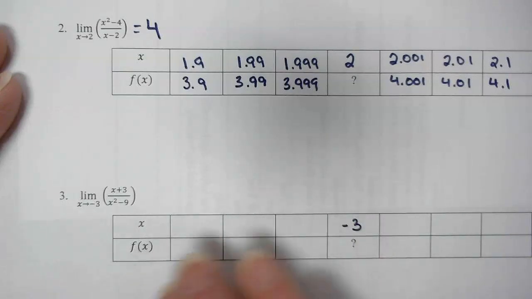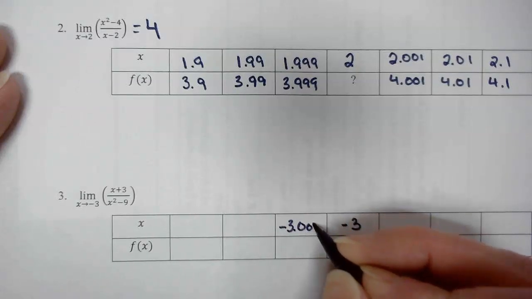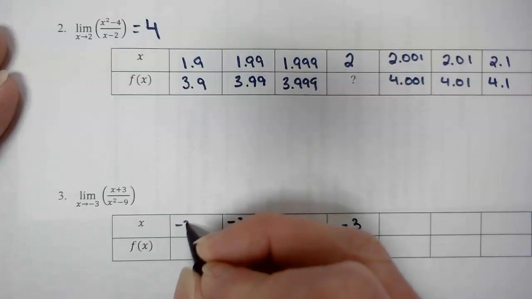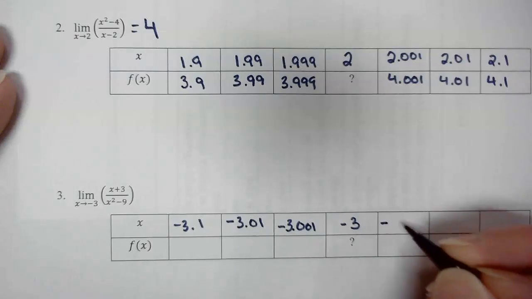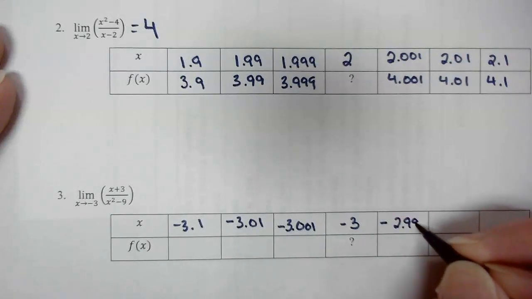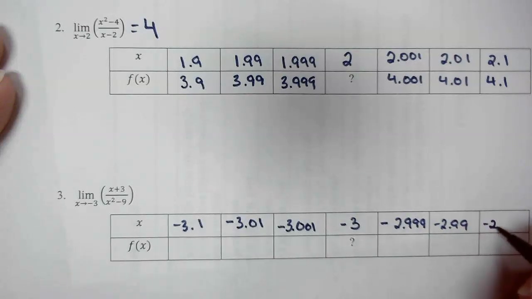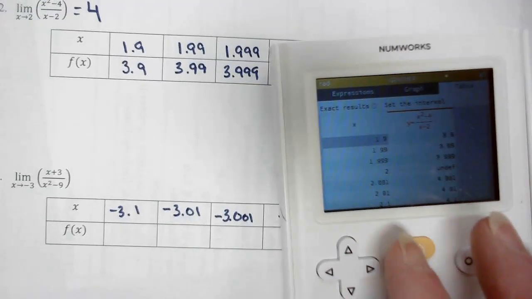Now remember, when we're on the negative side, this would be -3.001, -3.01, -3.1. This would be -2.999, -2.99, -2.9, because remember, when we're on the negative side, it's reversed.